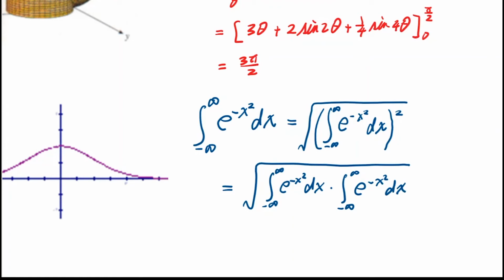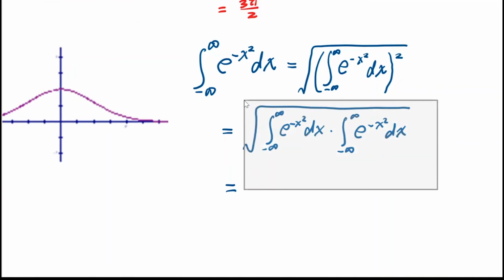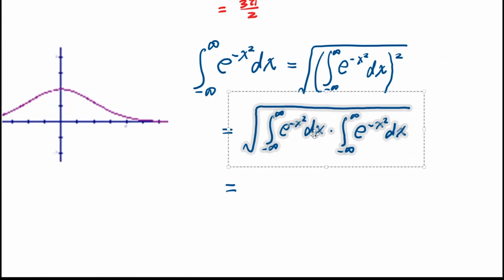So far, so good? That's what square means. I just taught algebra 2 rule of exponents, right? So far, you're in agreement. Nothing confusing here, right?